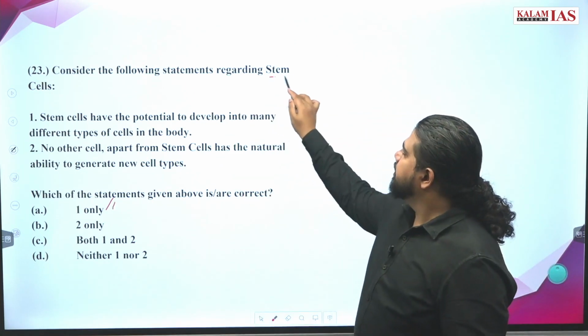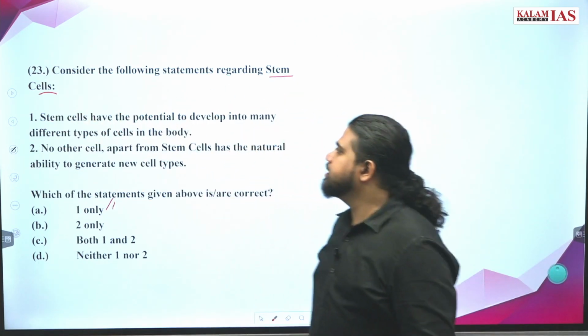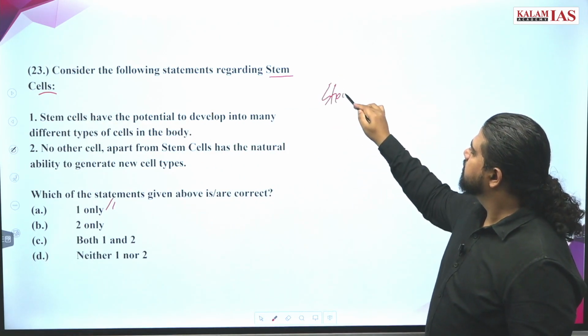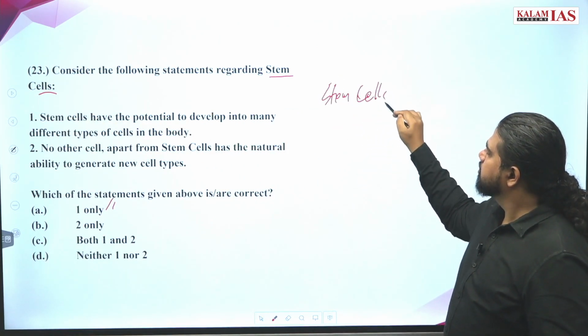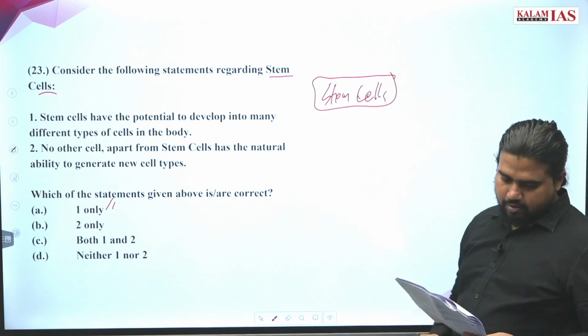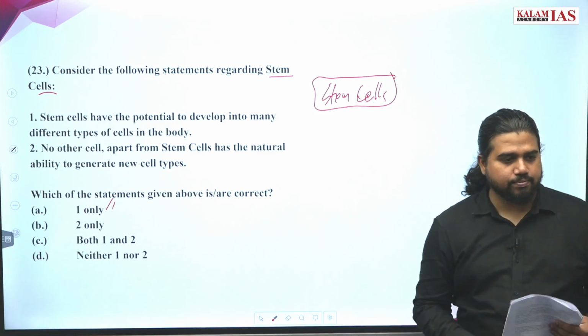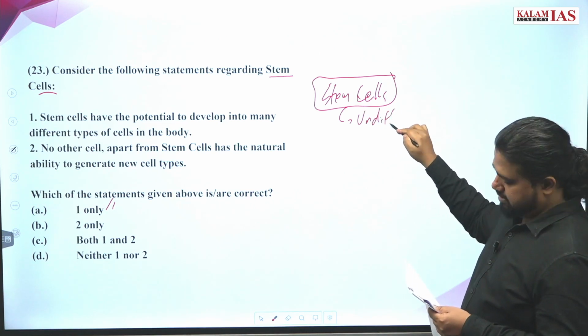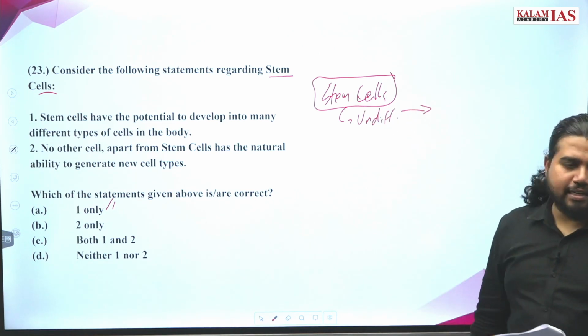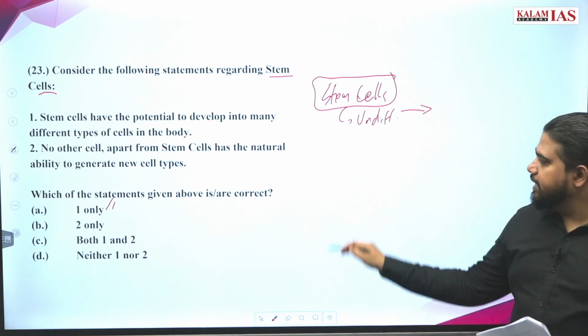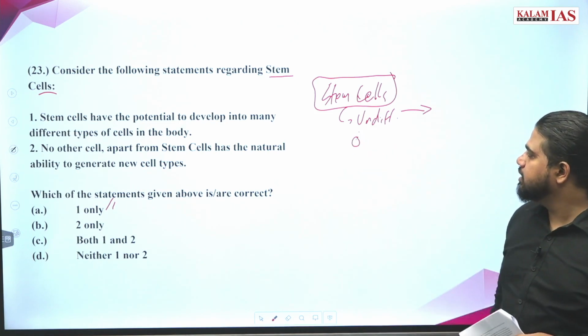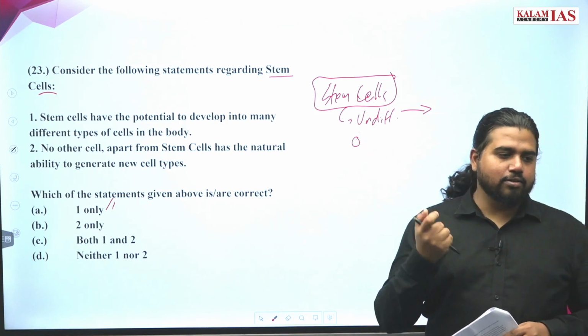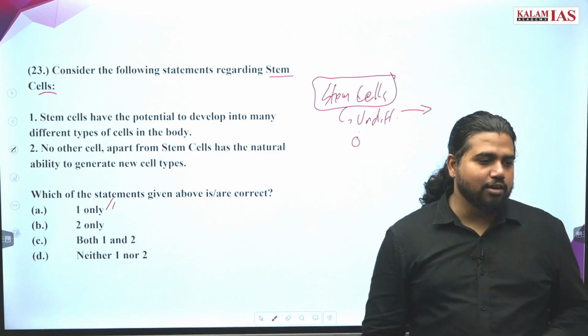Consider the following statement regarding stem cells. What exactly are stem cells? Batao? They are undifferentiated cells. What is their ability? Undifferentiated means if you take a stem cell, you cannot say whether it is a cell of the heart or liver or skull or where it is.